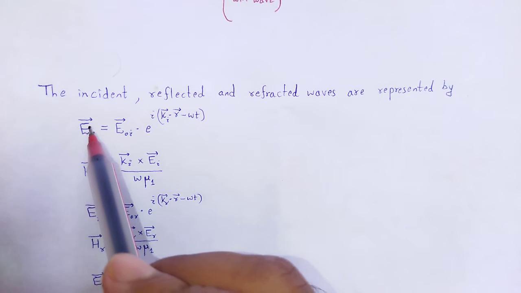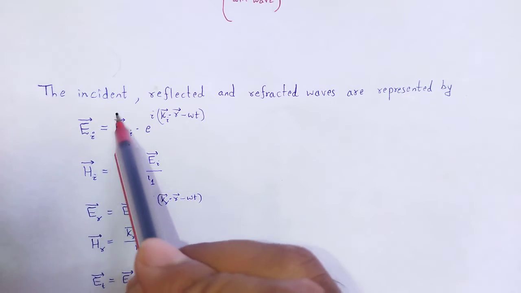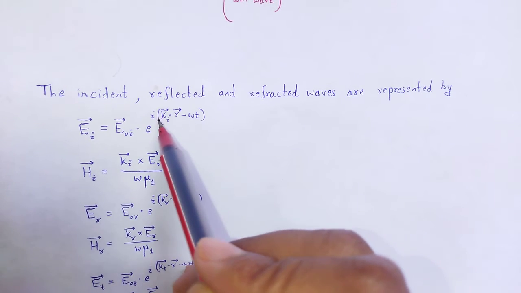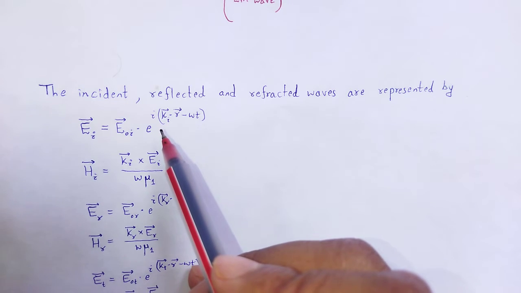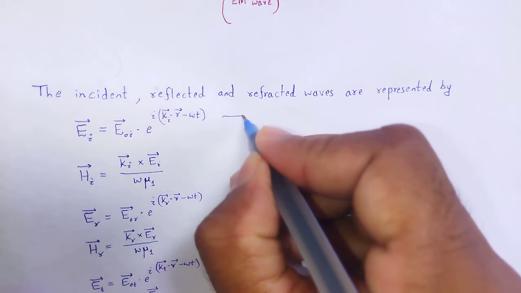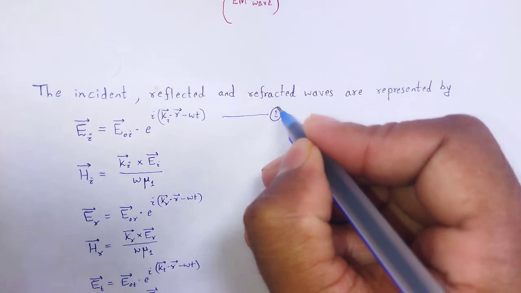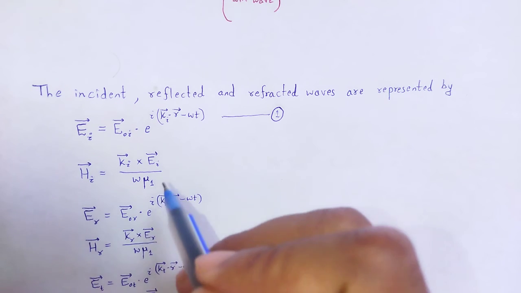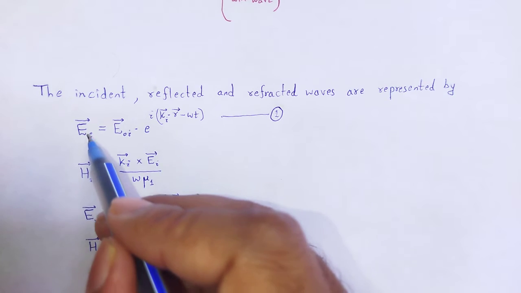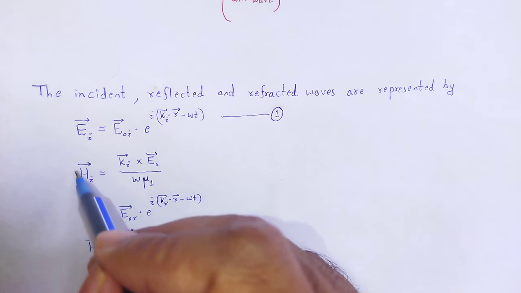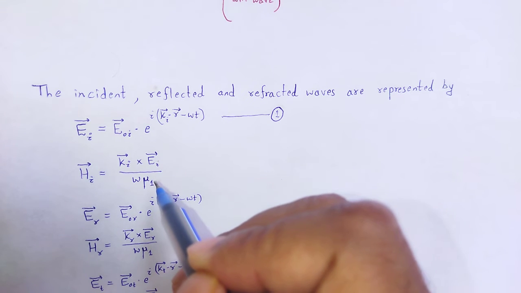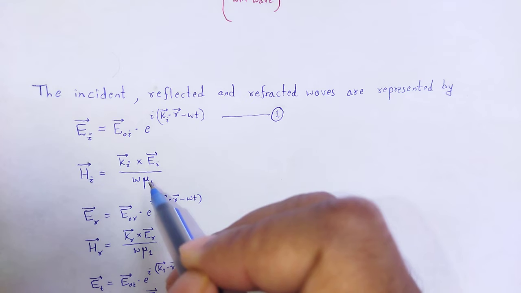Incident electric field vector, its amplitude E O I into e to the power i (k I dot r minus omega t), where k I is the propagation vector for the incident wave. Equation number 1. Similarly, for the magnetic field vector, the relation between S vector and E vector: S vector is equal to k cross E vector divided by omega into mu, the permeability of the medium.